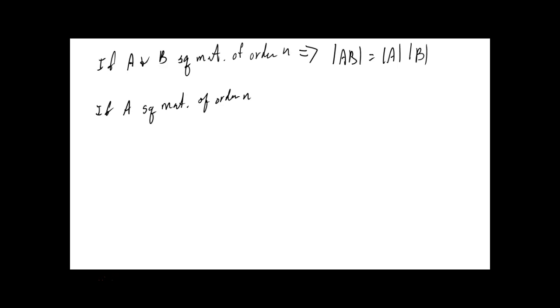Eyes are aching. And C is a scalar. Then its conclusion is the determinant of CA. Now this is a little different from what you had before, is equal to C to the nth power times the determinant of A.